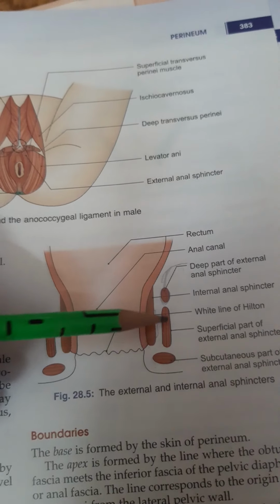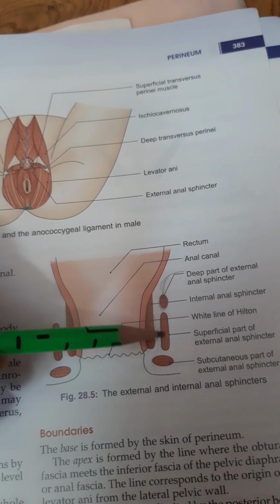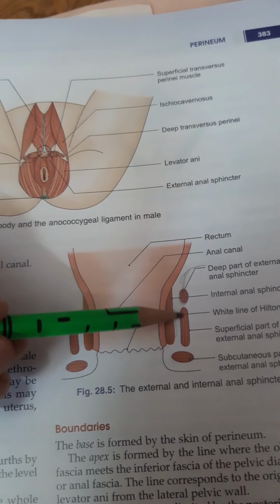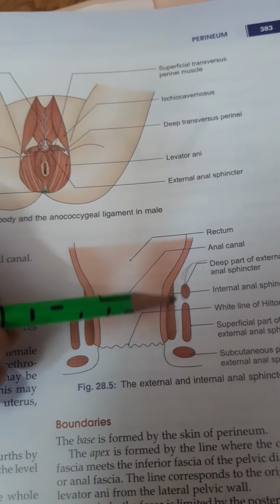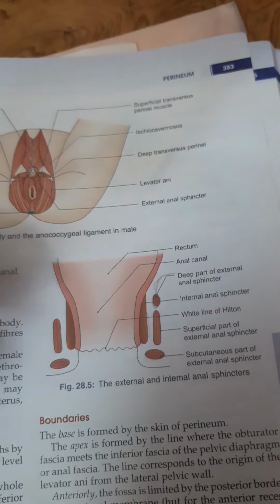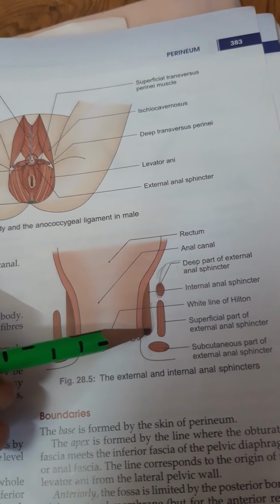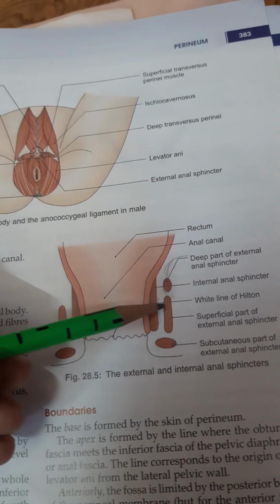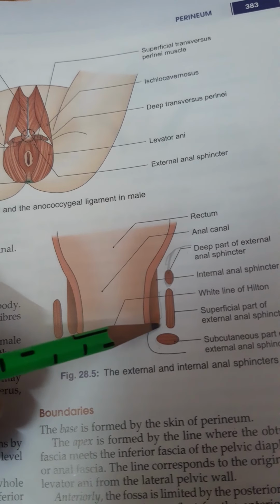So these are the middle fibers, or the superficial part of the external anal sphincter, that lies just parallel to the internal anal sphincter. And this is the subcutaneous part of the external anal sphincter, that lies just below the internal anal sphincter. They were just around the lower part of the internal anal sphincter.